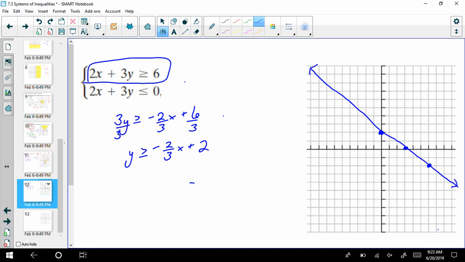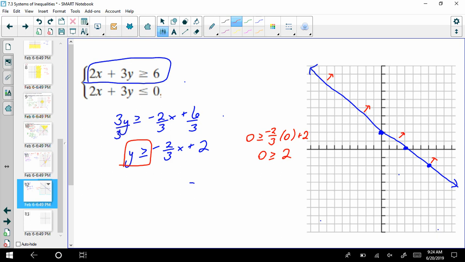And now let's figure out the shading. If I look at where I got y alone, it says y is greater than. Greater than would mean greater than the line, or in this case, above it. If you don't like that way, let's quick do a test point. I'll do 0, 0. So I get 0 is greater than or equal to 0 plus 2.